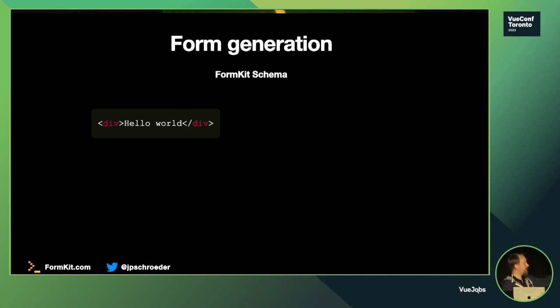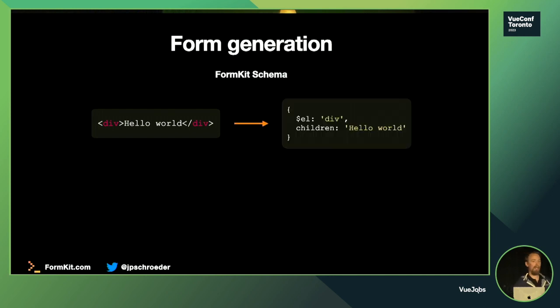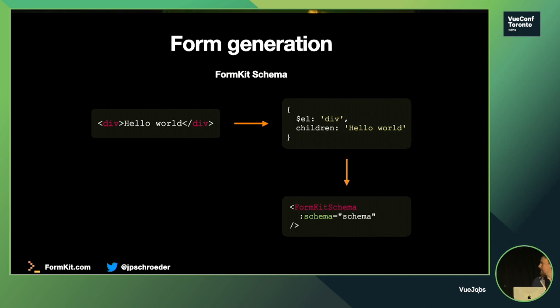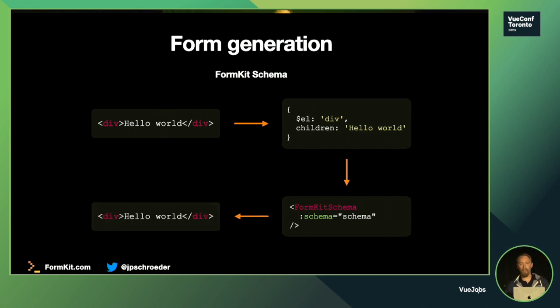Let's say we have a div with hello world, we can represent that in a schema format like this. You can say el and the children hello world. And then if you take that JSON serializable object and pass it to a FormKit schema component, it automatically renders a div.